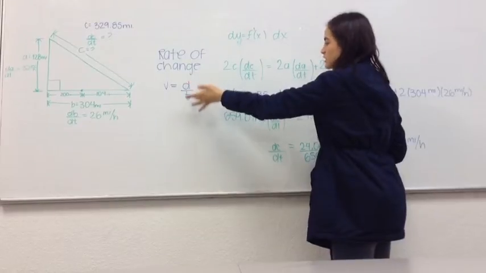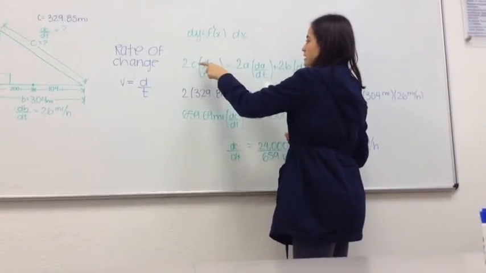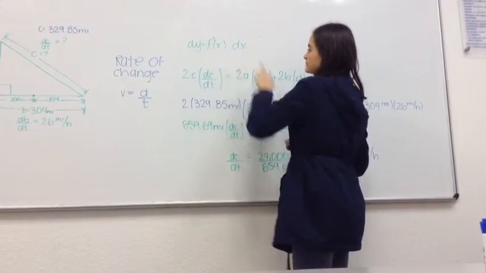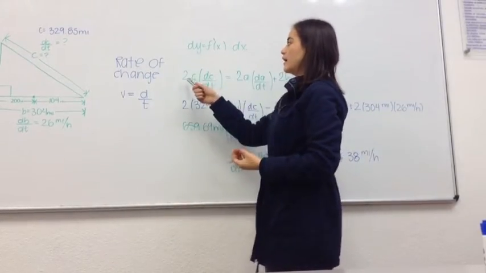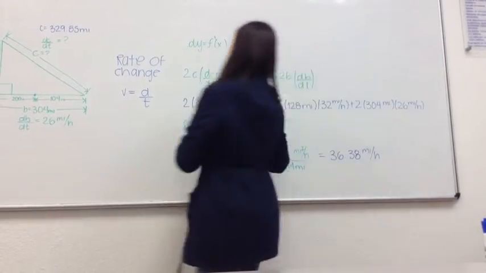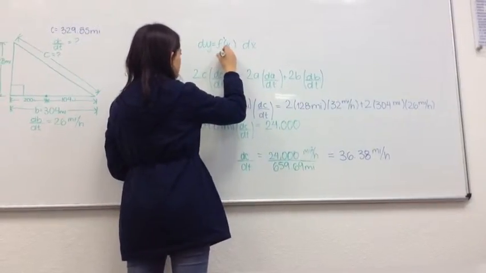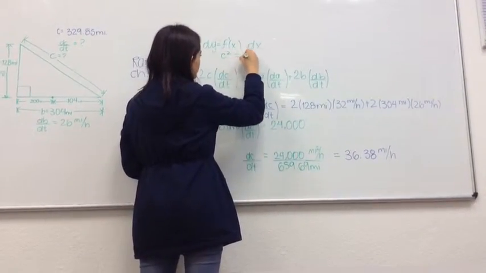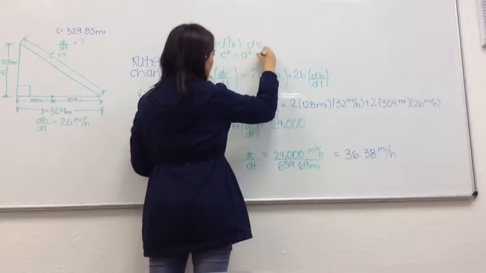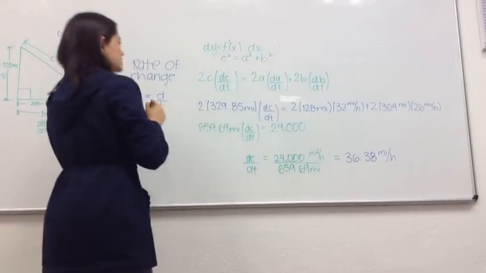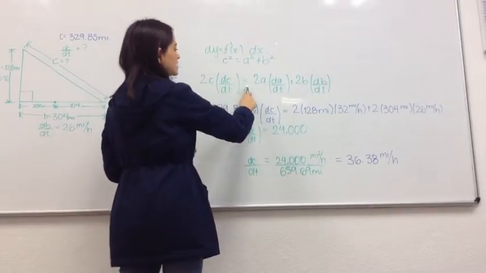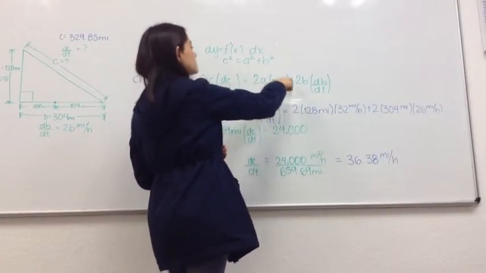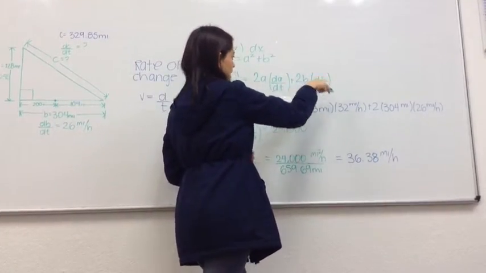So we have dc over dt. The original formula was c squared is equal to a squared plus b squared, so the derivative is 2c times dc is equal to 2a times da plus 2b times db.